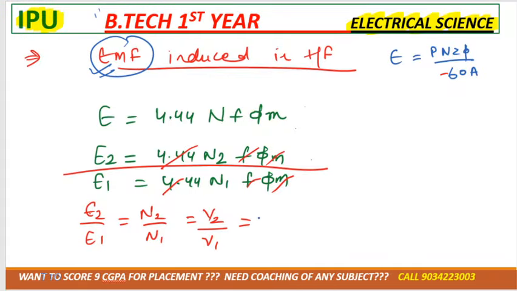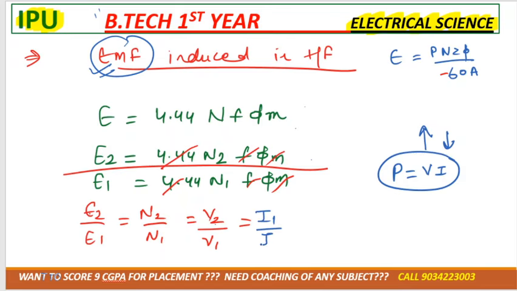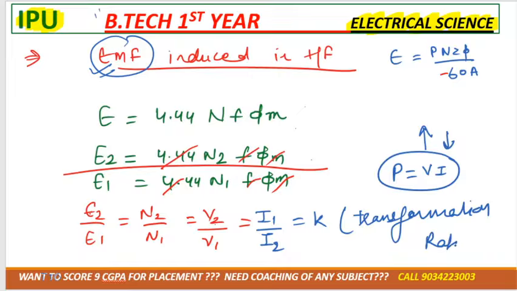Then, as voltage changes, current will be opposite. As you know, P is equal to VI. If voltage increases, current decreases, right? So I1 by I2 is equal to K, and that is known as the transformation ratio. Based on this formula, a numerical will definitely come in your exam.